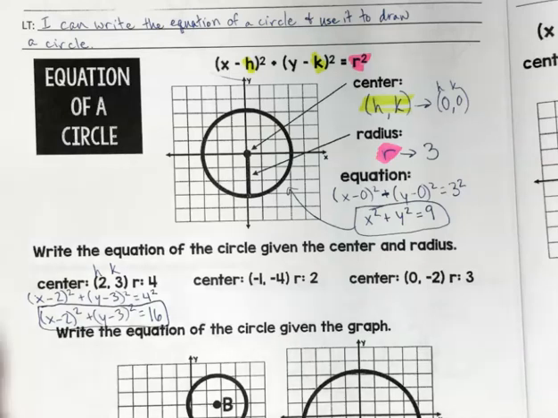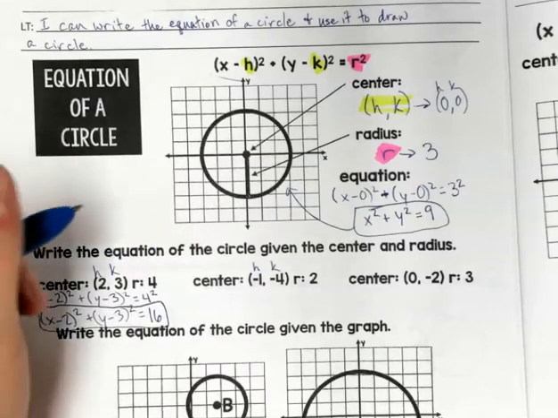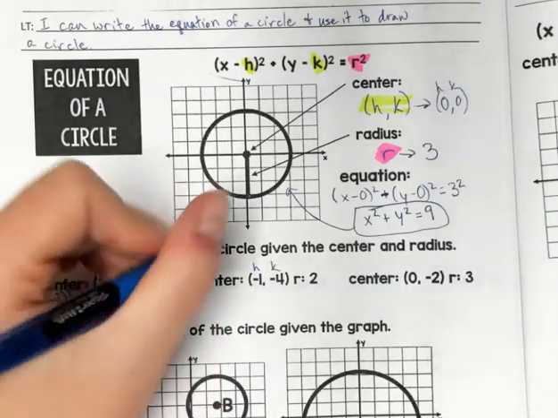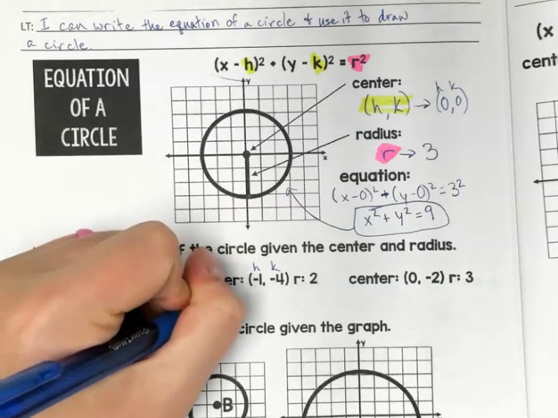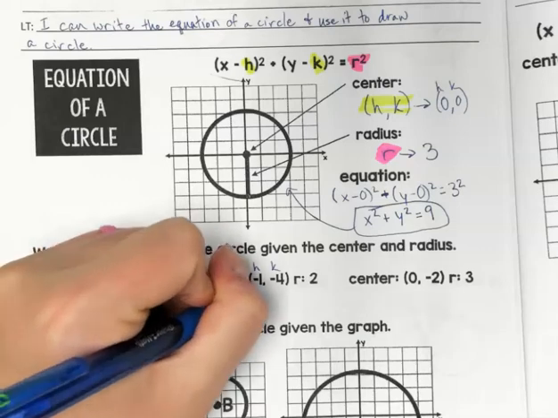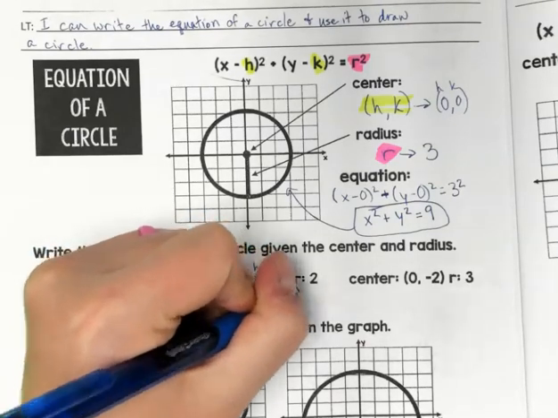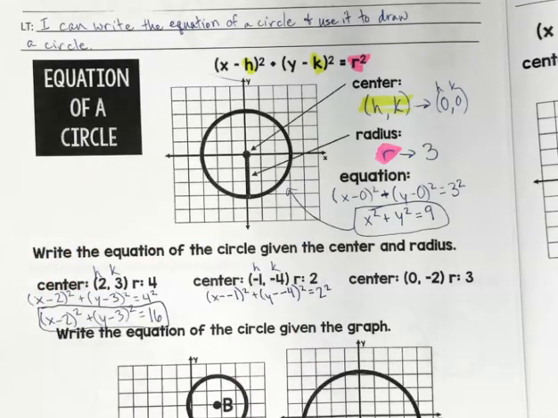Okay, and then for this problem right here, it's a little different. So these are -1 and -4. H, K is my center. So parentheses x minus a -1 squared plus y minus a -4 squared equals 2 squared.